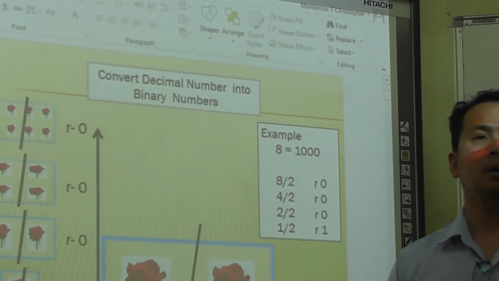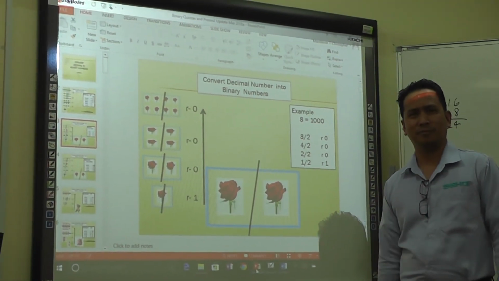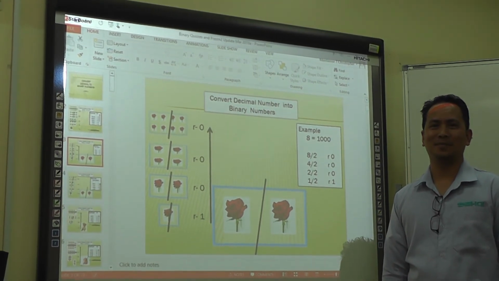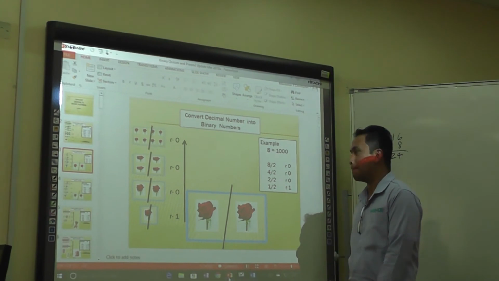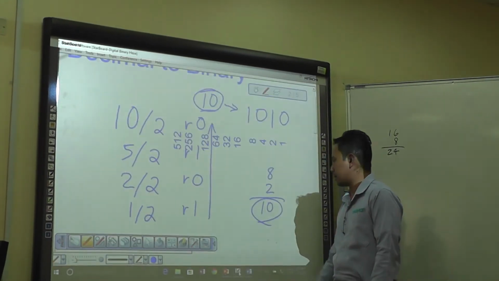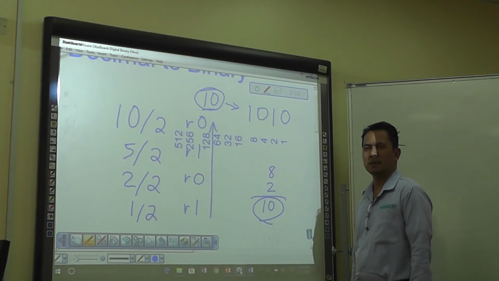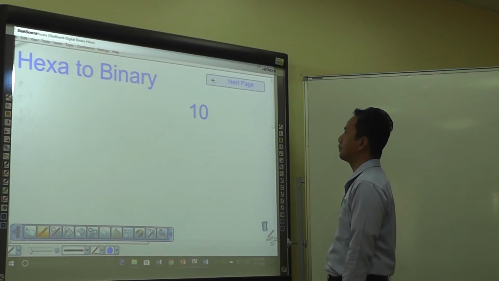So, did you find the procedure easy or difficult? Okay. So, this is just easy. But in some cases, these numbers seem big.